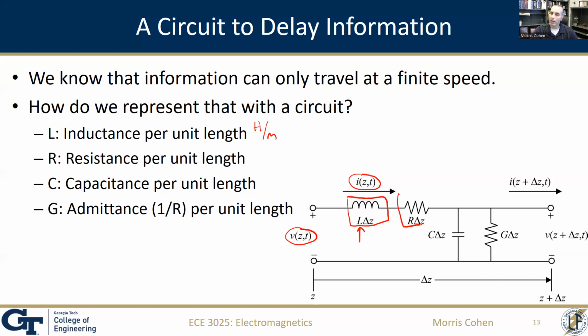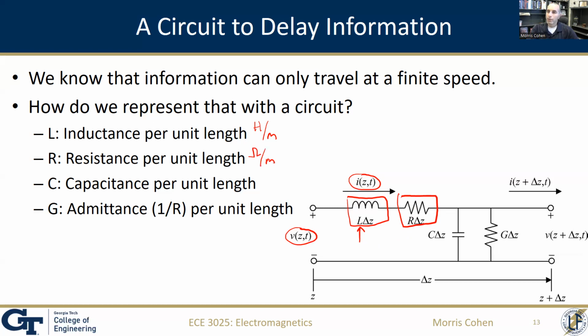And so that we're going to define with this value right here, R. R is the resistance per unit length. Same deal, the longer you make this wire, the resistance is going to scale with it. So really we should define a resistance per unit length, which has units of ohms per meter.